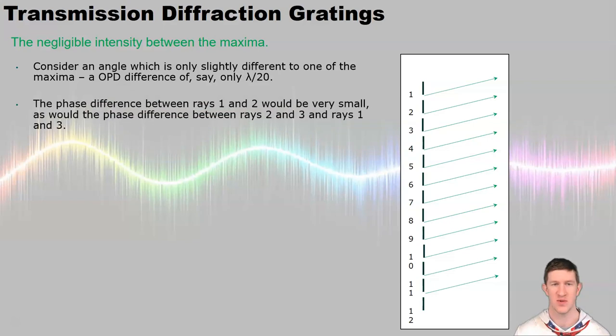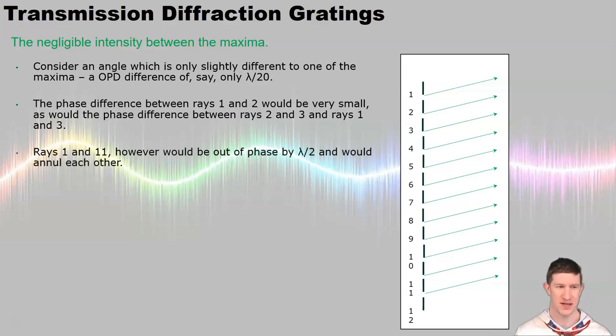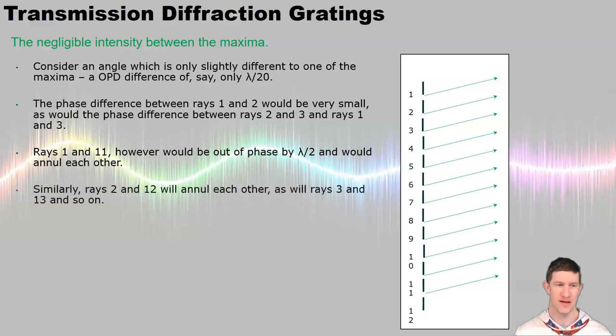The phase difference between rays 1 and 2 would be very small, as would the phase difference between rays 2 and 3, and rays 1 and 3, because the difference between them is tiny, so I haven't shifted it by much. However, rays 1 and 11 would be out of phase by lambda on 2 now, and these would cancel out. Similarly, ray number 2 and ray number 12 would also annul, as will rays 3 and 13, and so on and so forth.